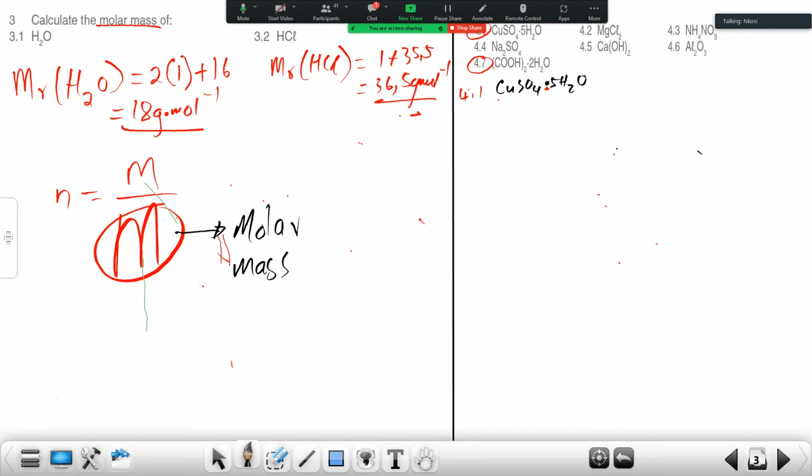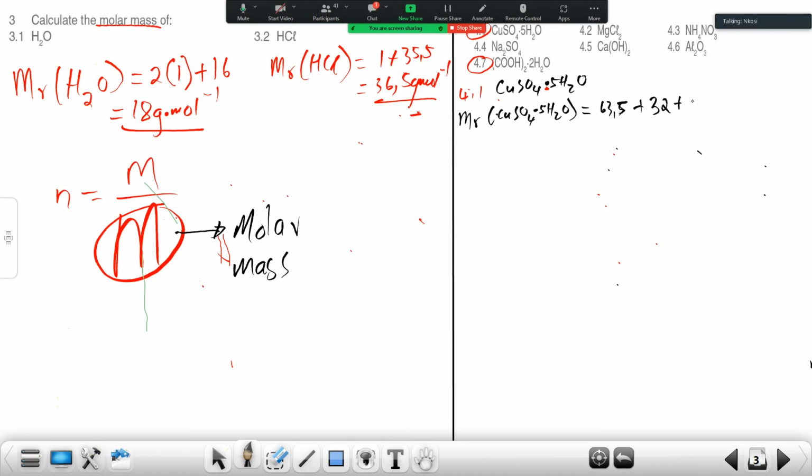So the easiest way of doing it is to say I want to calculate the molar mass of copper sulfate. The first thing to do is, what is the molar mass of copper? I think from the periodic table is 63.5. And then what is the molar mass of sulfur? I think it's something like 32, because it's the values that I read now from the periodic table.